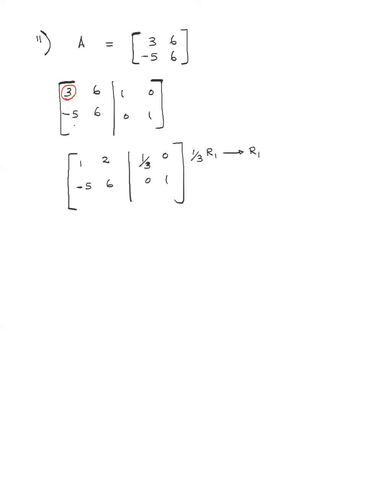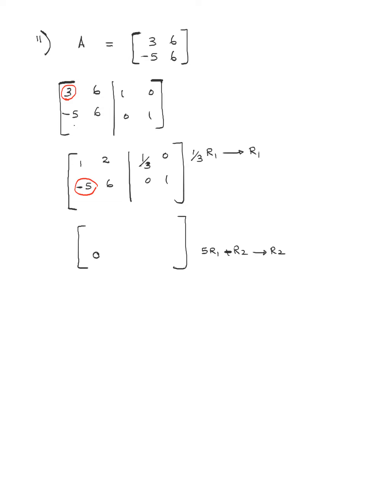Now I have to make this negative 5 into 0. How do I make negative 5 a 0? We can multiply the first row by positive 5 and then add: 5 R1 plus R2 goes to R2. When you multiply row 1 by 5, 1 times 5 is 5, minus 5 is going to be 0.